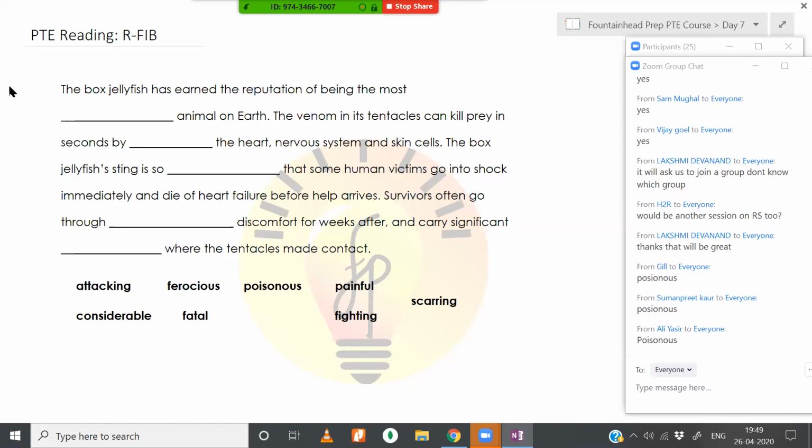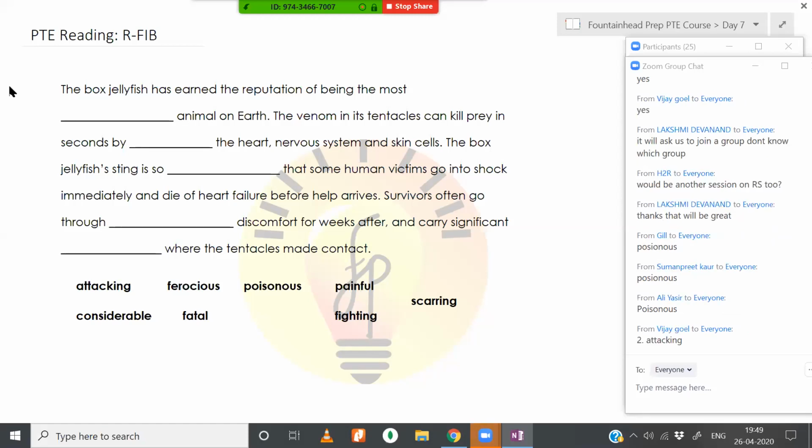You can answer all the blanks at once. You can maybe wait till you find all the answers and then answer all of it together. Separate your answers with a comma.